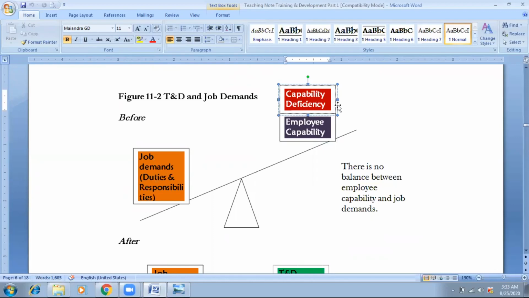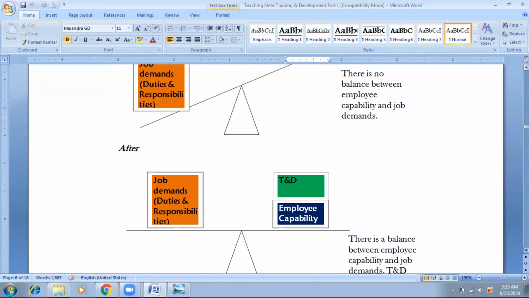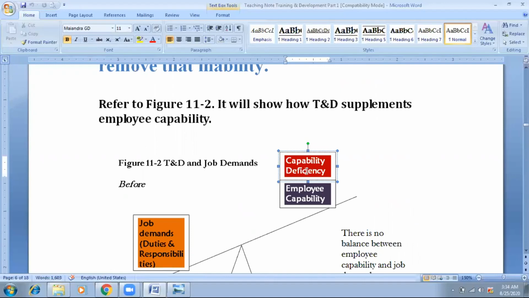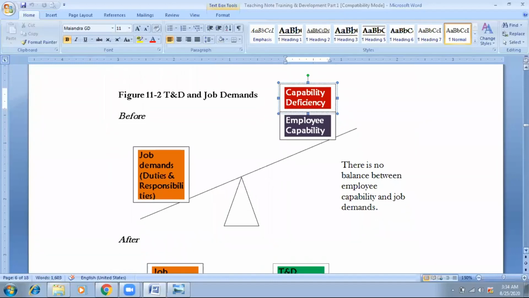But this one can be removed because of T&D. If we give T&D, then the employee's inability or capability deficiency gets vanished.